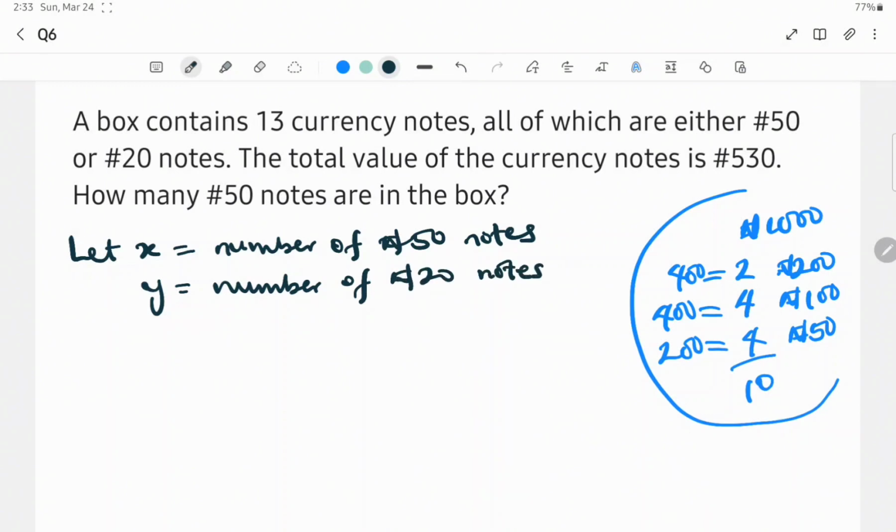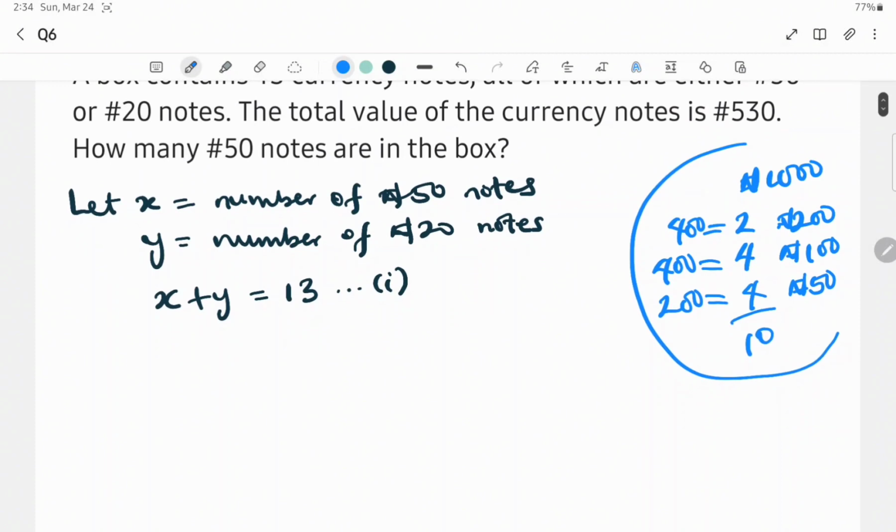Now, we're told that the box contains 13 currency notes. That means the sum of my x and y is 13. Let's say that's equation 1. Now, the total value of the currency notes is 530 naira.